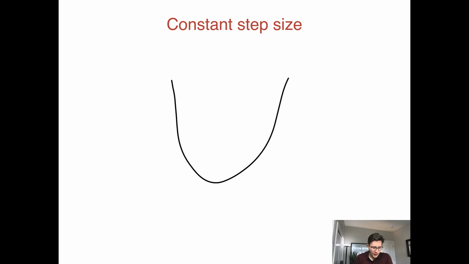I think the reason for this misconception is, let's imagine we're doing our optimization here and we end up at this point, and we might think that a constant step size means we go a constant distance in parameter space. It's easy to see that if every iteration we go a constant distance, then we're never going to converge. We're just going to jump back and forth across this local optimum.